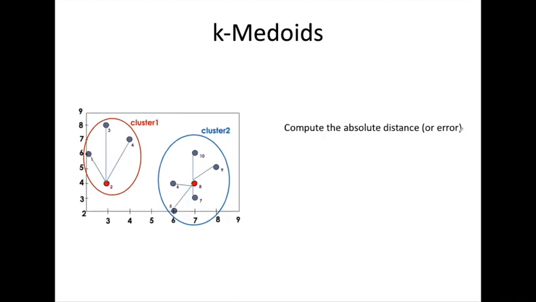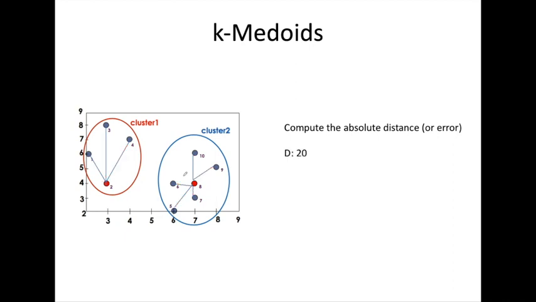And the error, sometimes we use similarities instead, is basically just adding the distance between the points and the nearest Medoid. So, for example, we take this distance, and then add this distance, and this distance, and this one, and so on and so forth. And the idea is to minimize that number, because we want to have the optimal solution.